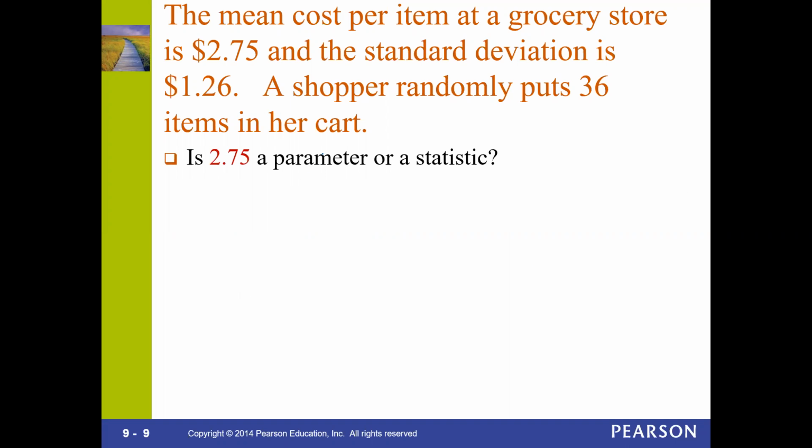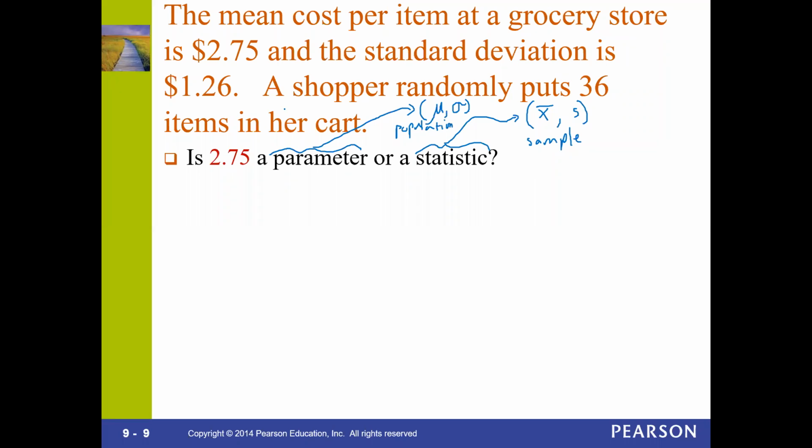Let me remind you quickly, what do you call a parameter? Parameters would be mu and sigma. That's for the population. Statistics will be x bar and then s for the sample. This is for the sample, and this is for the population.